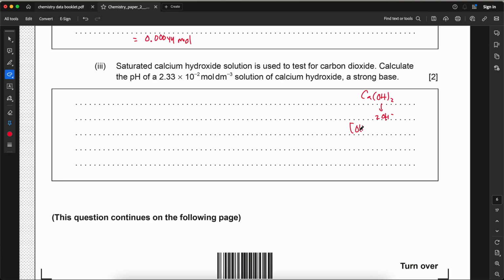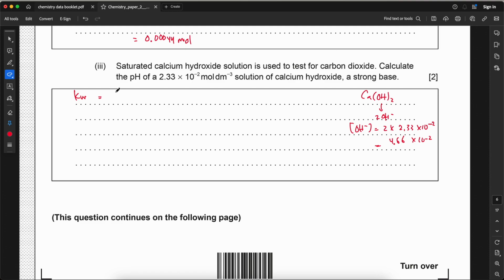Therefore, the concentration of OH- is 2 times 2.33 times 10 to the power negative 2, which is 4.66 times 10 to the power negative 2. Unless it's like NaOH, then you can directly use this concentration.